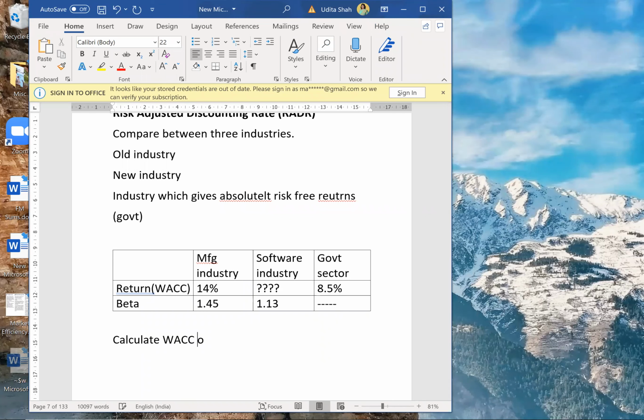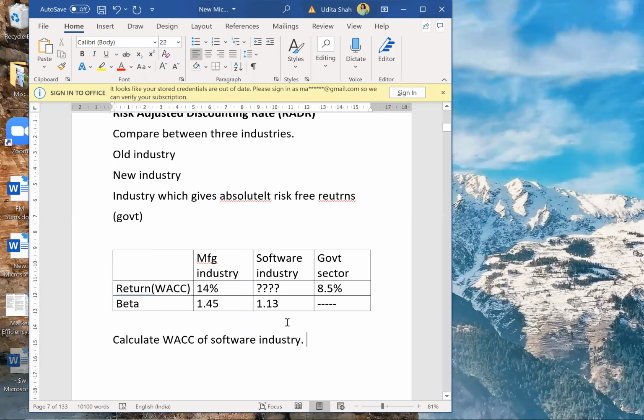And what they will ask you to calculate is the WACC of the software industry. Will you guys try this with the given data before I explain this concept? Just try it. See if you can think of an answer.